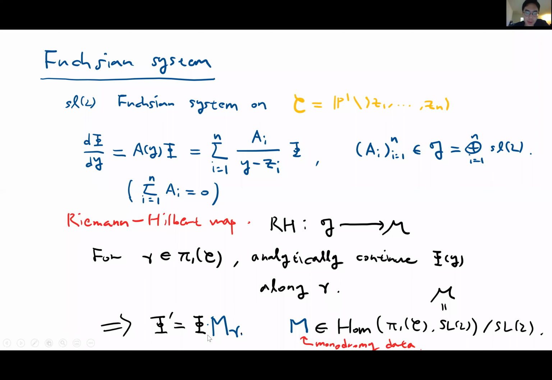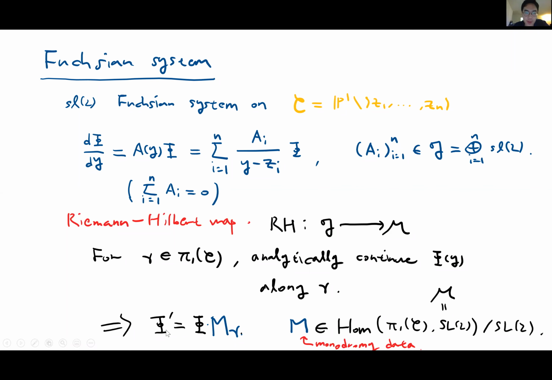And because of the punctures, and more generally because of the genus that the Riemann surface has, the solution converges only in a certain convergence domain. It doesn't converge everywhere. So we have to analytically continue properly to come back to its original position.